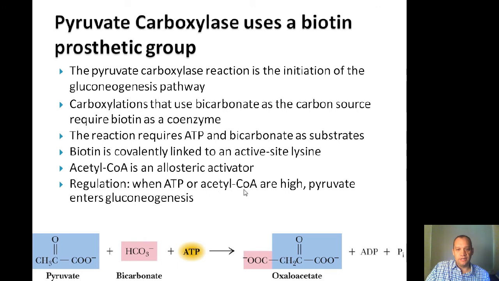If acetyl coenzyme A is high, it means there's already a high carbon flux, which can either be used in the TCA cycle to produce more energy or other precursors, or it can itself be used as a precursor to enter gluconeogenesis. So the cell is rich both in energy and in carbon, and it can save that carbon in the form of glucose, and therefore the cell can enter gluconeogenesis.